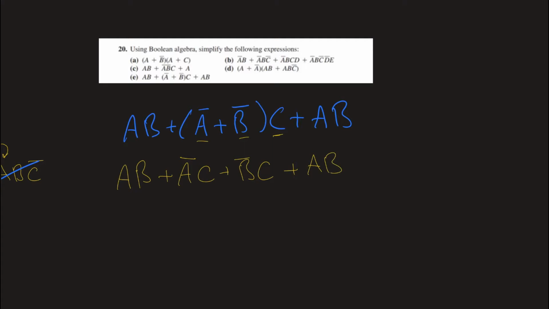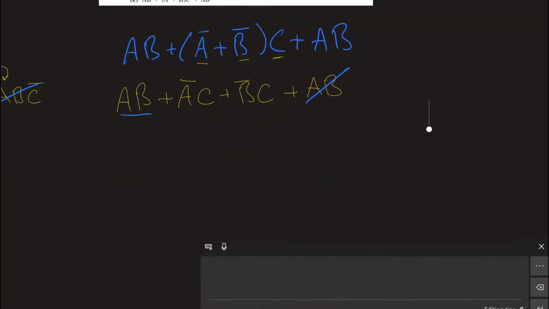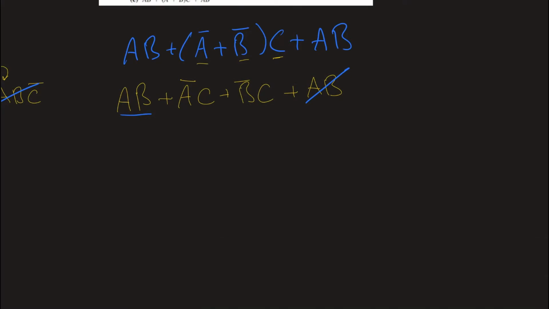First thing we can do is notice that we have this one here twice, right? AB with this, so we don't need two of them going to an OR gate. We can get rid of one. That leaves me with AB or A naught C or B naught C.